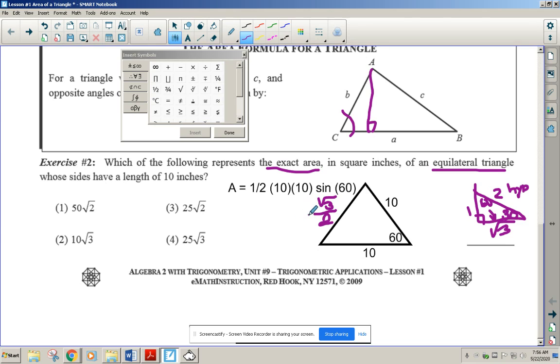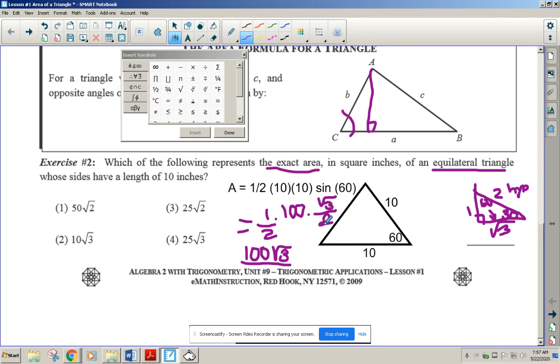Now 10 times 10 we know is 100. And the 1/2. So now we say, okay, if we multiply, we can get 100 radical 3, because 10 is rational, radical 3 is irrational, and just like we said from chapter 1, you got to know your categories and you can't change it.